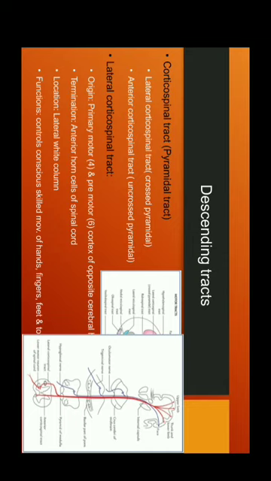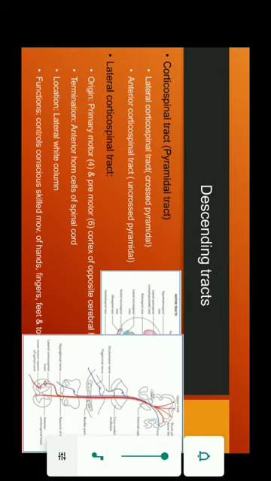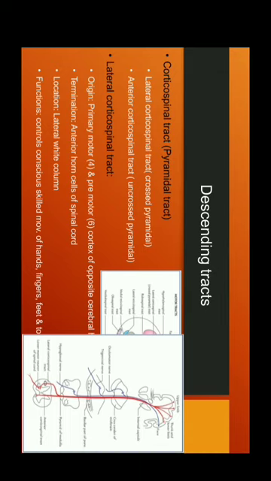Now, I said a lesion to this will cause paralysis. The point to be noted here is that the paralysis seen in the upper motor neuron type of lesion is spastic paralysis. The muscle becomes hyperactive, and the tone of the muscle is increased, leading to spastic paralysis.